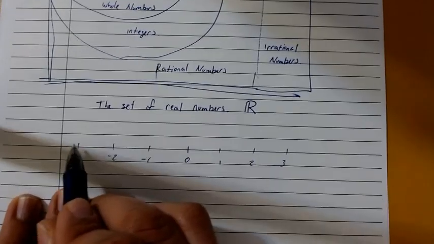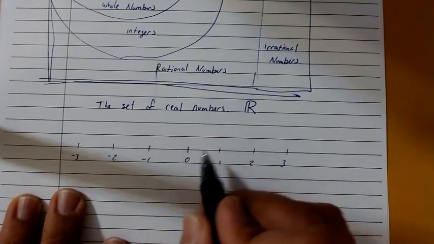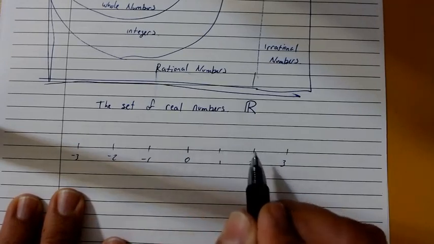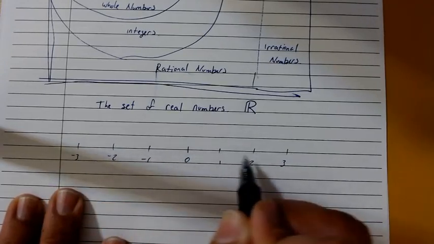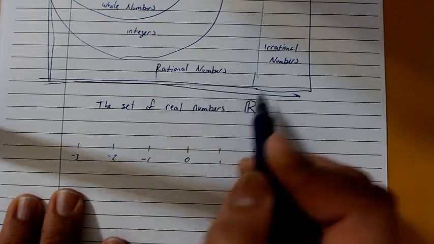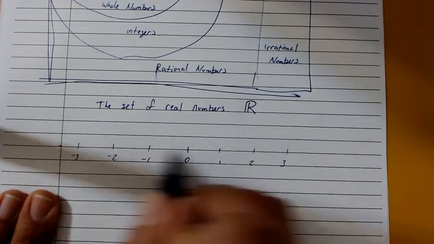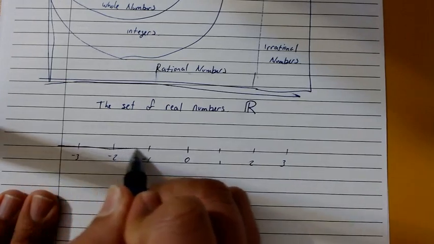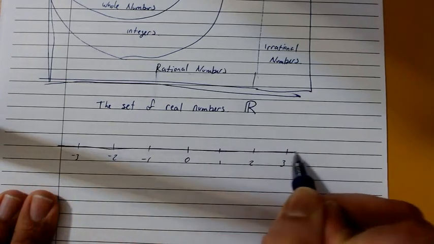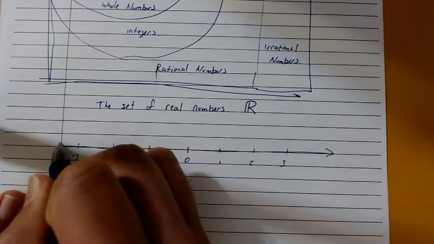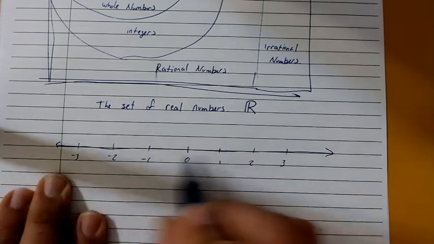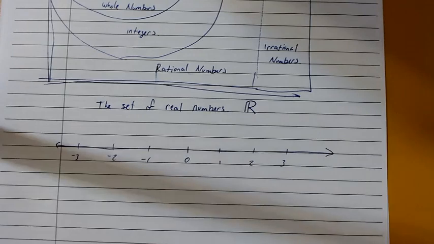So everything between 0 and 1, everything between 1 and 2, 2 and 3, all of these decimals, they're either rational or irrational. So if we consider these integers, along with all the stuff in between them, going on forever in both directions. After all, there is no first number, there is no last number. It goes on forever in both directions.